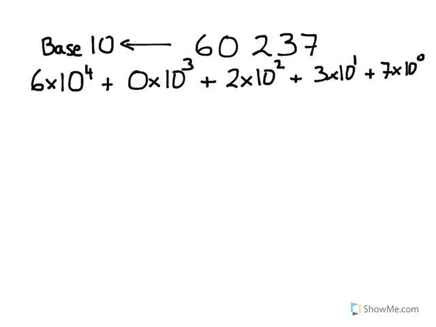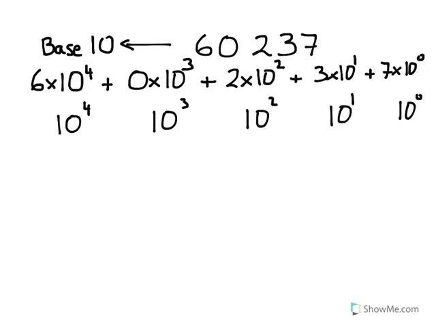So if we change this into some different columns, instead of calling them 10,000s, we put them in columns of 10 to the power 4, 10 to the power 3, 10 to the power 2, 10 to the power 1, and 10 to the power 0. And then rewrite the number 60,237.